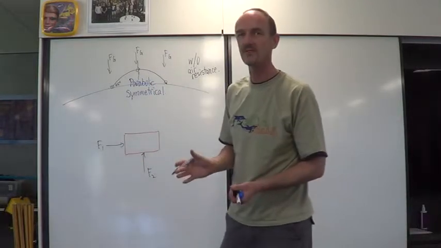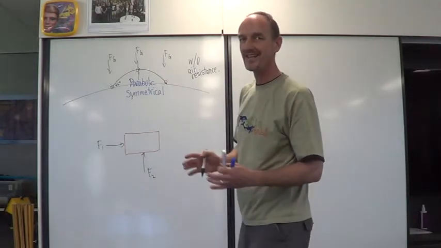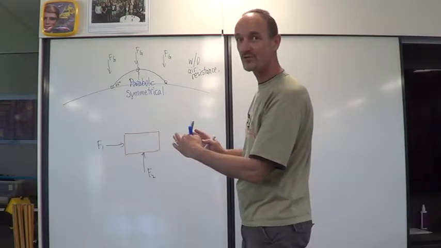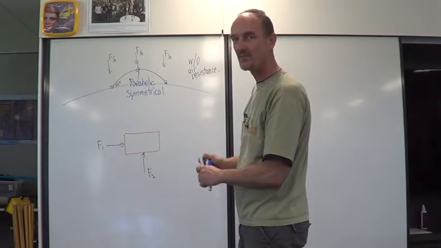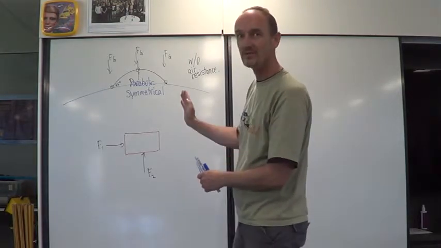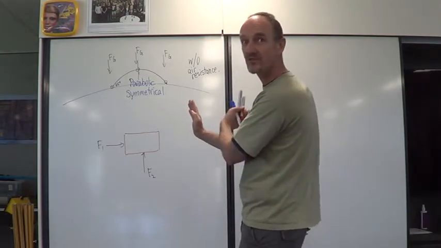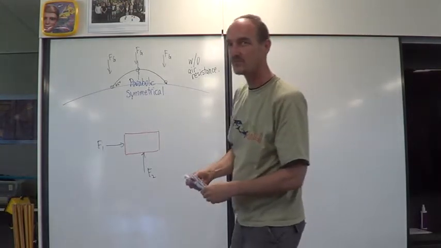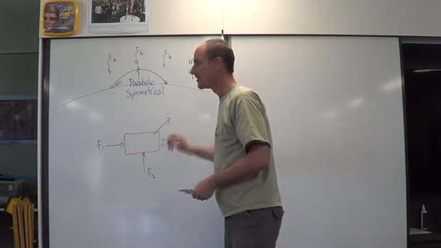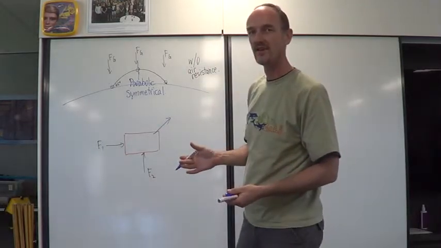Force 1 and force 2. Now you can see, if we add those two forces together, where's the block going to move? It's going to be moving upwards, but it's also going to be moving sideways at the same time. So we're going to get a diagonal motion like that.